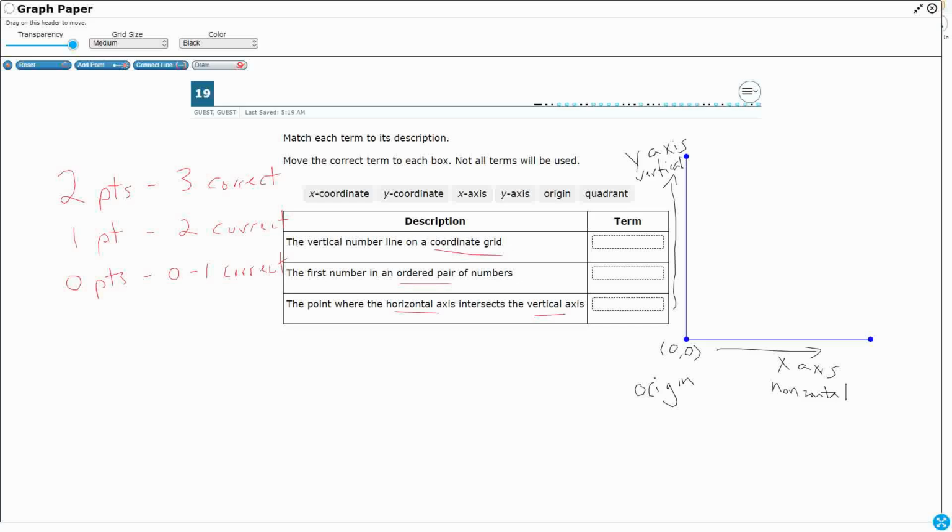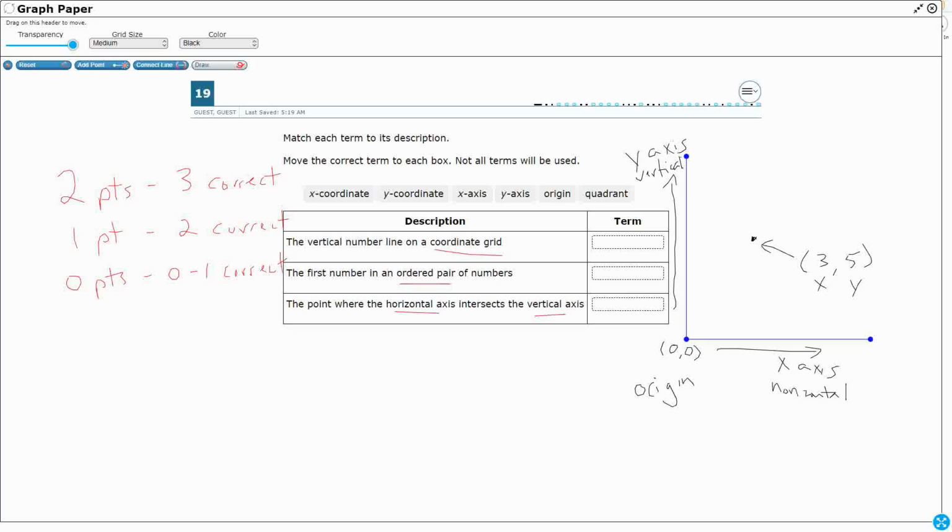So if we were to plot something, let's say we wanted to plot 3, 5, we would go over 1, 2, 3, and then up 5. Your x coordinate comes first, your y coordinate comes second.